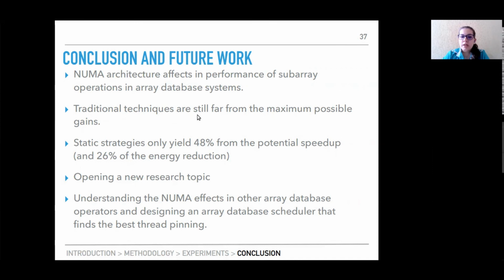This work opens a new research topic in array database systems. As future work, we intend to understand the new effects in other array database operations and design an array database scheduler that finds the best thread pinning.